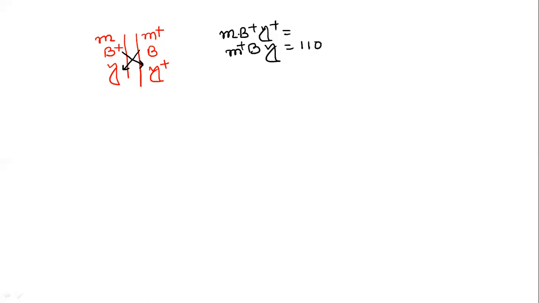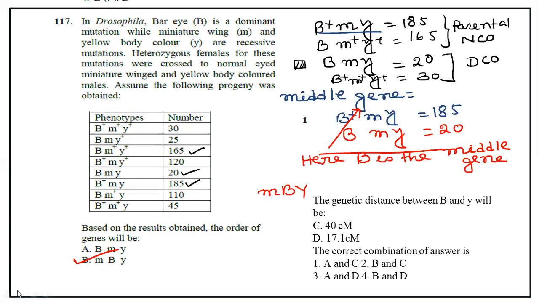M B plus Y plus is 120. So these M B plus Y plus are 120, and another is 110, M plus B Y, right?